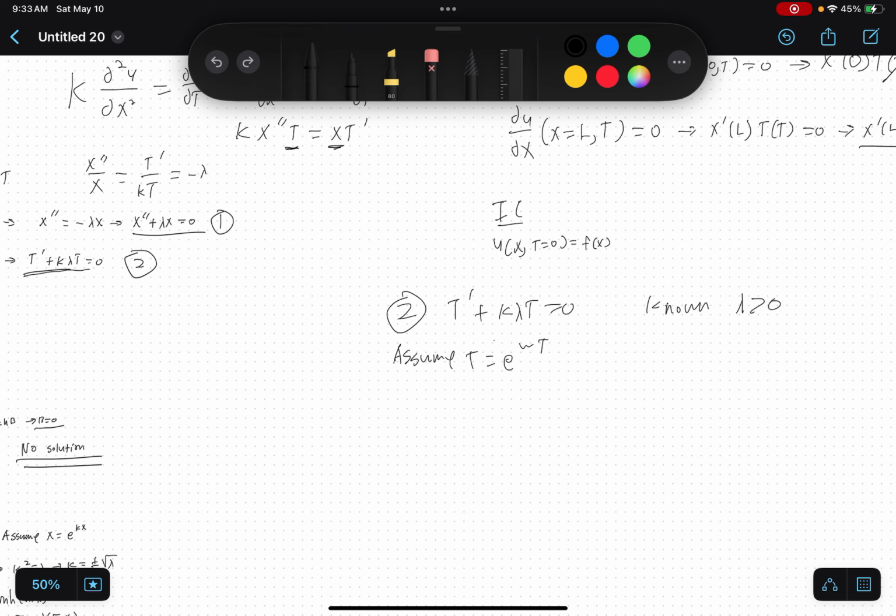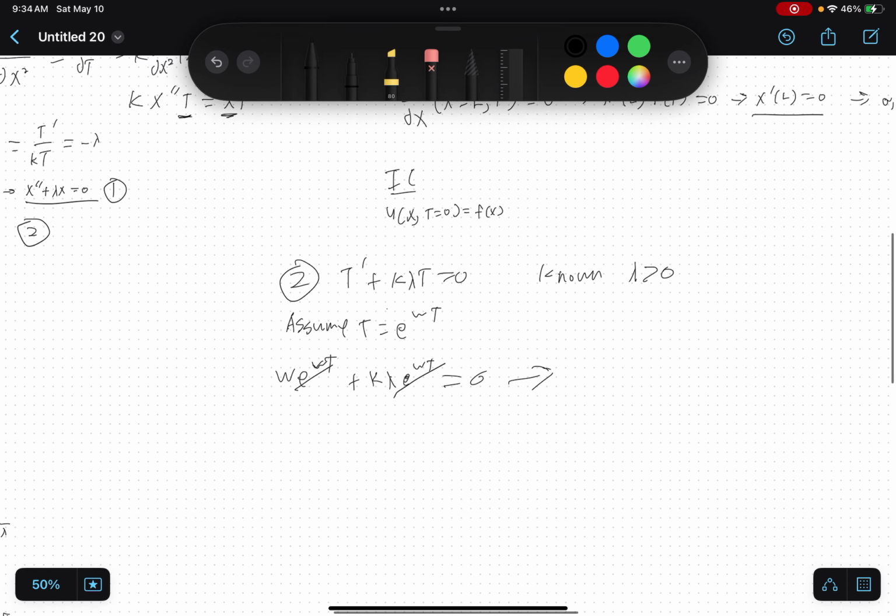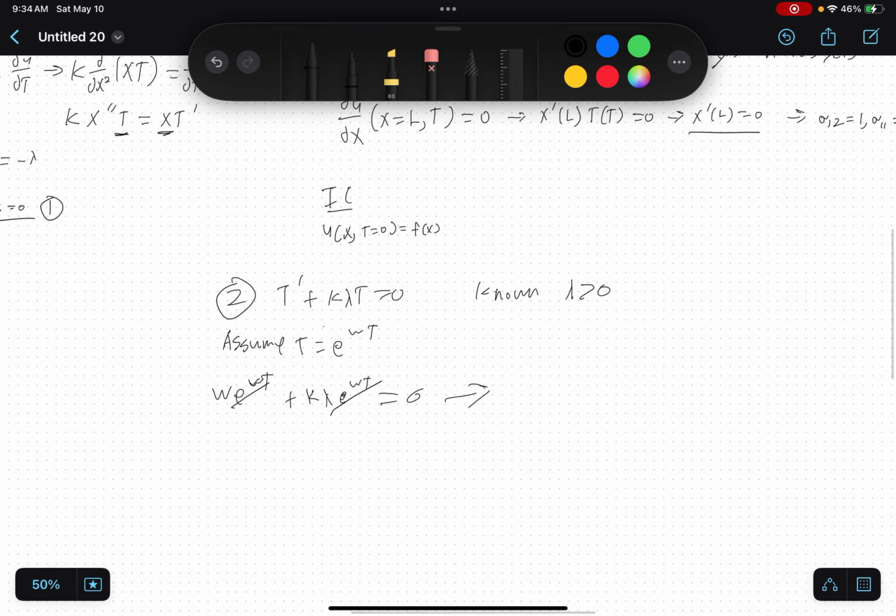So plug this in, we get w e^(wt) plus k lambda e^(wt) equals 0. So we can cross those out, we get w equals negative lambda k.